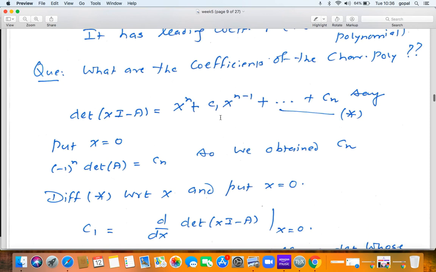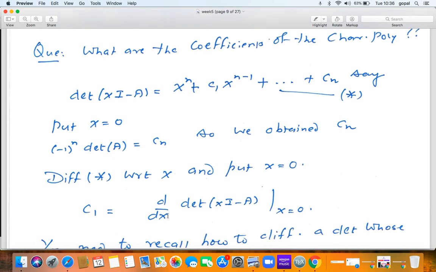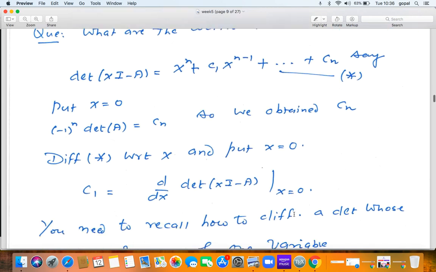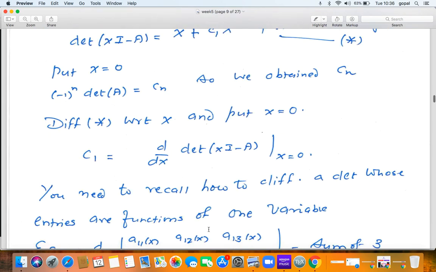So I must differentiate. Differentiating star with respect to x and putting x equal to 0, c(n minus 1) equals d/dx of determinant of xI minus A at x equal to 0. You need to recall how to differentiate a determinant.